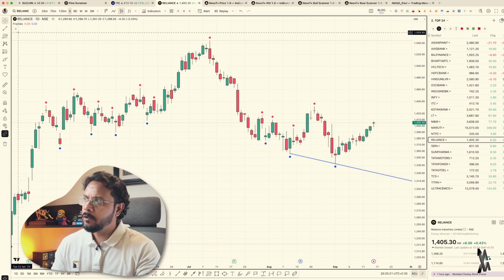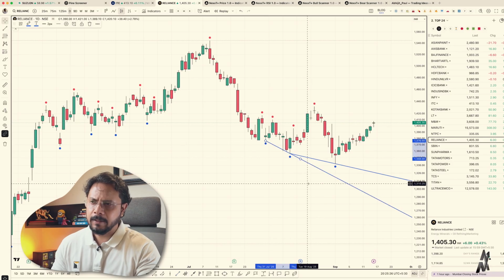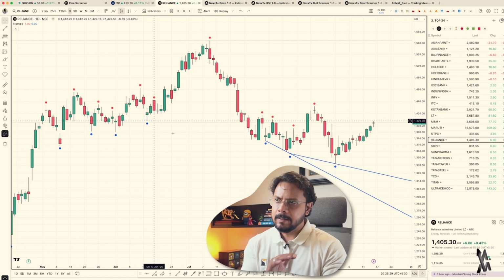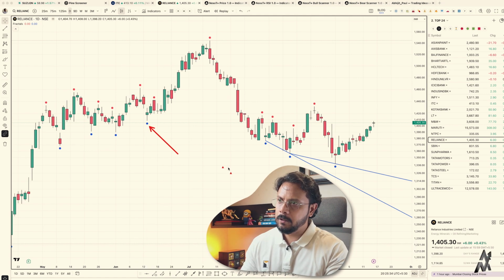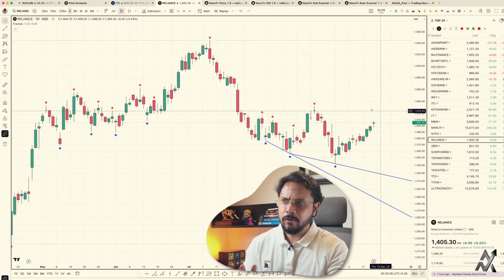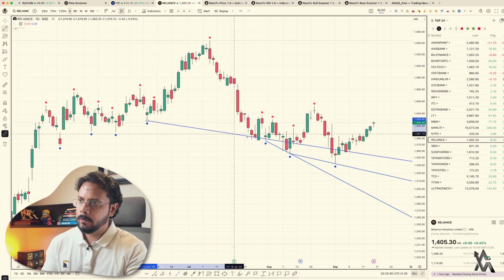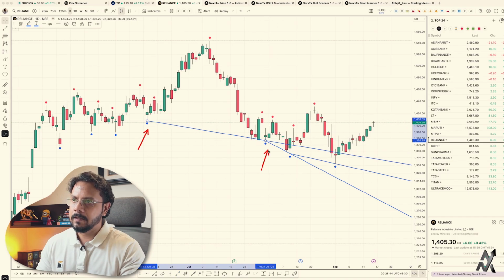So can I draw with these 2 points also, which will angle something like this? Yes, why not? You can keep them drawn. And then like this, if I keep on going to the left, and then I see, okay, there is another low and another low. Let's try and draw this. Let me just draw this and try and make some sense to this particular trend line. Now I've drawn this with this and this.